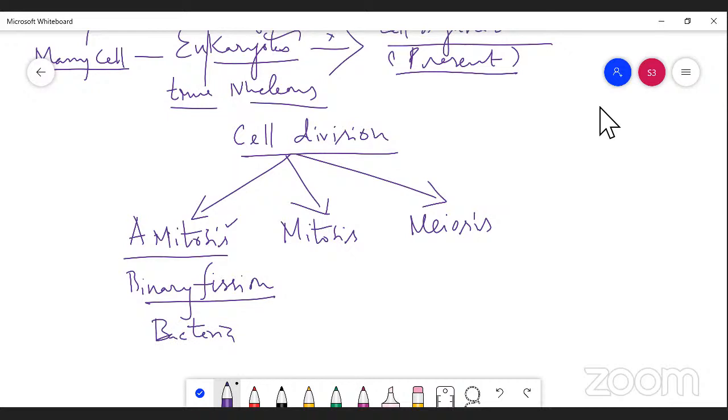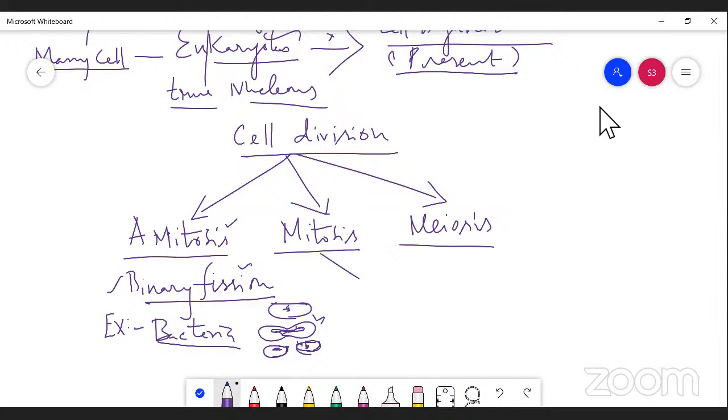The one cell is constricted, and the nucleus divides it into two equal halves. Dividing into two equal halves is called binary fission. It takes place only in lower organisms, for example bacteria. Mitosis and meiosis are an essential part of eukaryotic organisms.